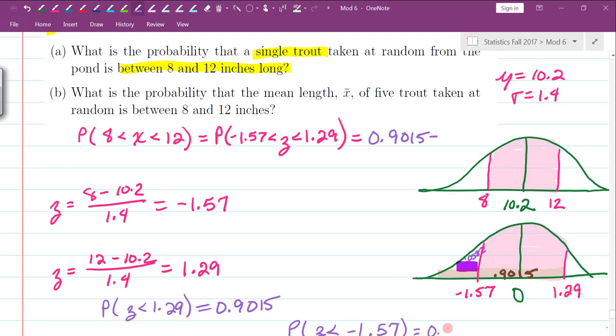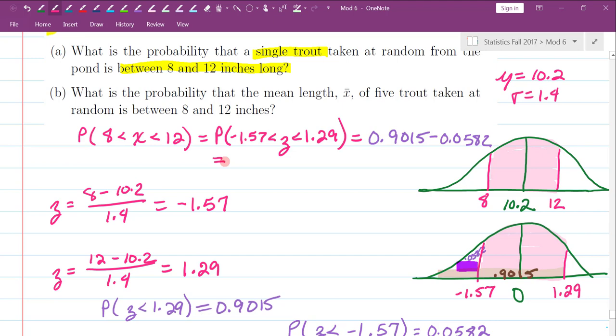0.0582. So I'm going to subtract that off from up here, 0.0582, and I'm going to find out that the difference is equal to, 0.9015 subtract 0.0582. Oops, got to turn on that calculator.